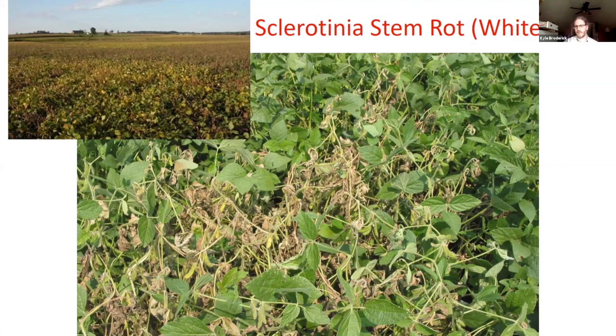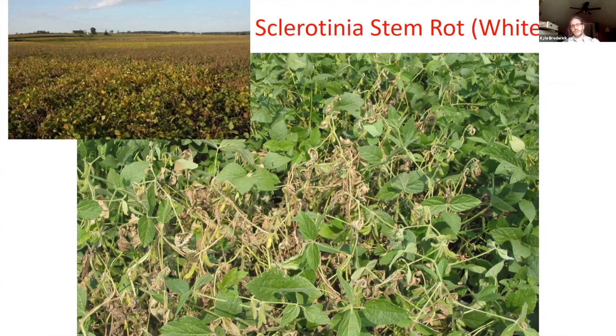One of the worst things about this disease is once we start to see symptoms like this, we are too late for any sort of control. The fungus will continue to spread through these fields, but once we see symptoms, we can't do anything. So we really need to make sure that we're out scouting when we are trying to control for this disease.